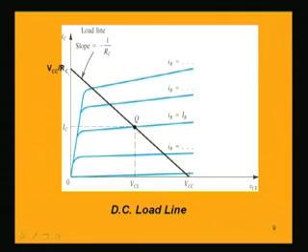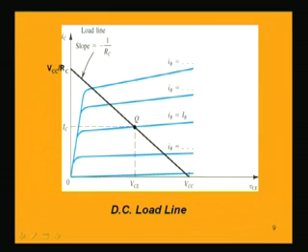Joining these we get this DC load line, which has a negative slope, minus 1 by RC. The point where it intersects the characteristic curve for the value of IB, because this IB is the DC base current flowing in this circuit, gives the Q point.